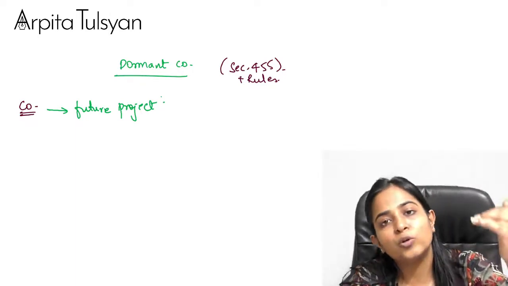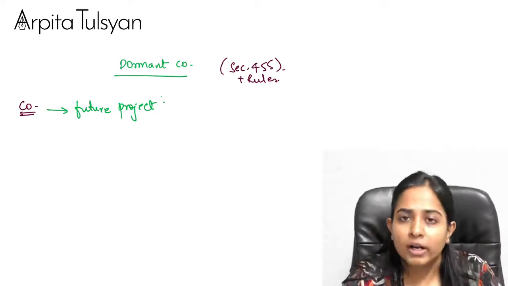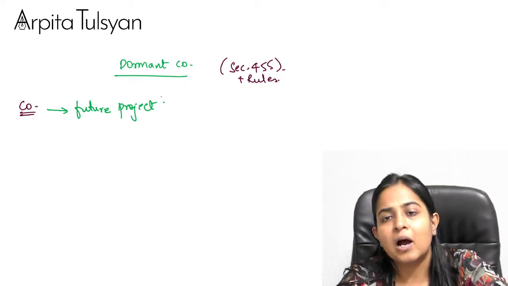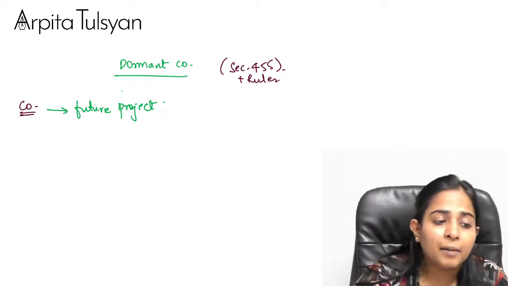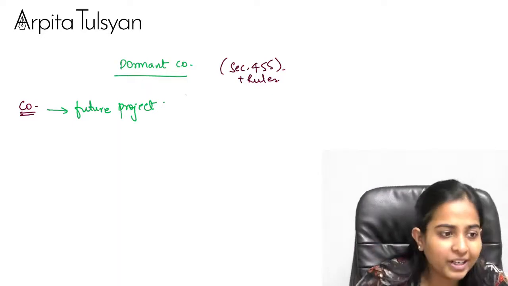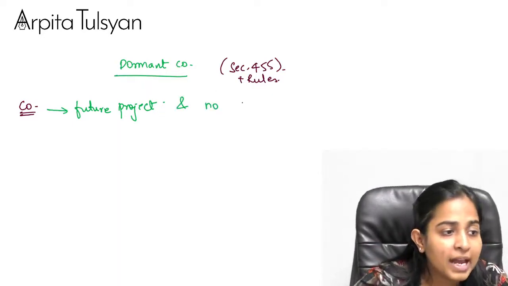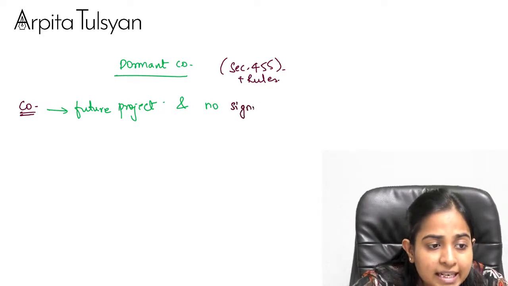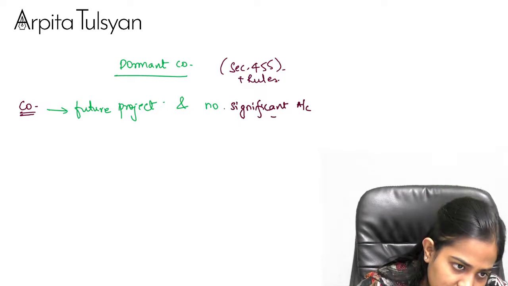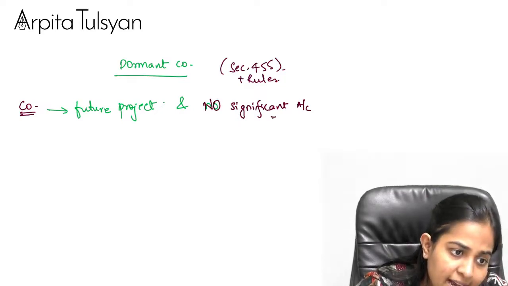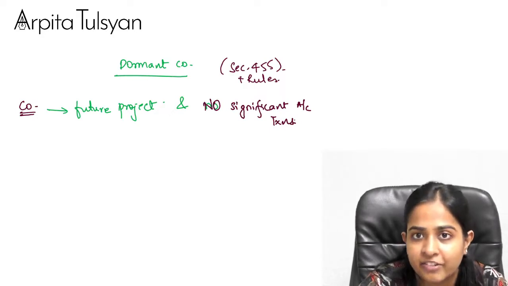It is going to do some business in the near future, or it has purchased some asset now, or it is holding some intellectual property as of now, but for a future project, and it has no significant accounting transactions. This thing is very, very important.